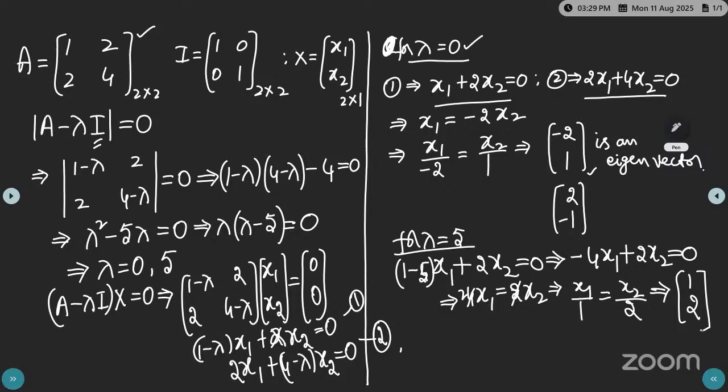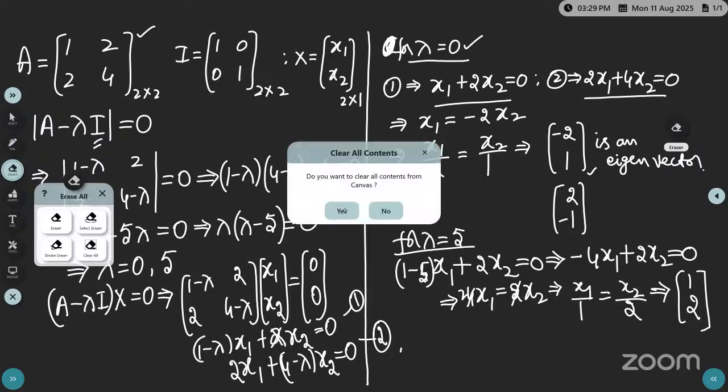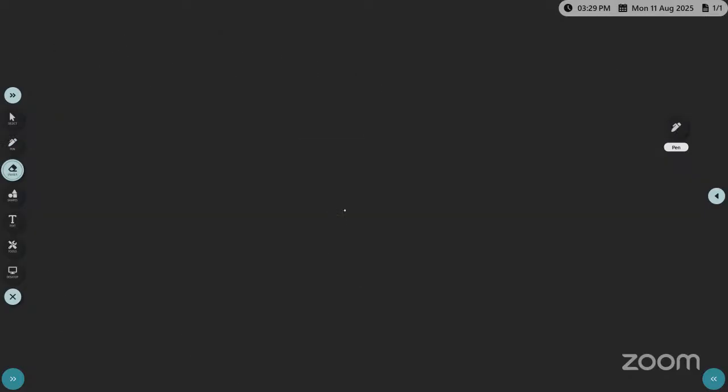The eigenvalues of a matrix and its transpose are equal.